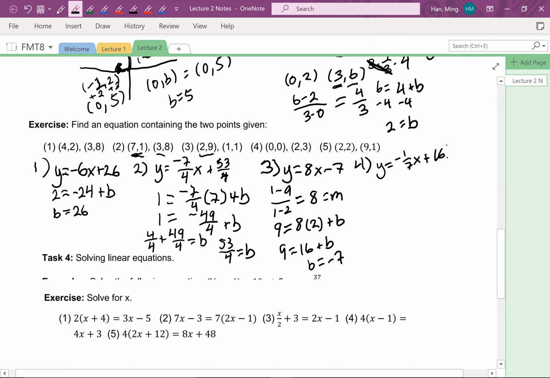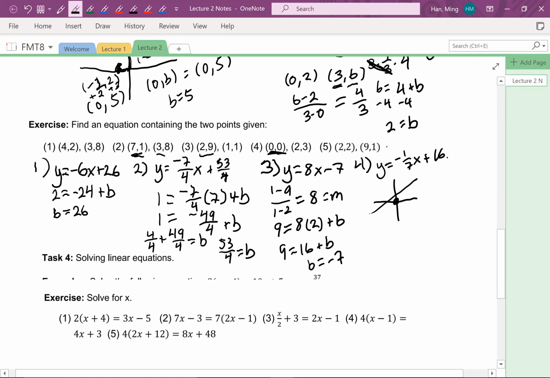Okay, so for this problem, since you already are given the point (0, 0), and since (0, b) is the y-intercept, so it's the point where the line meets the y-axis.